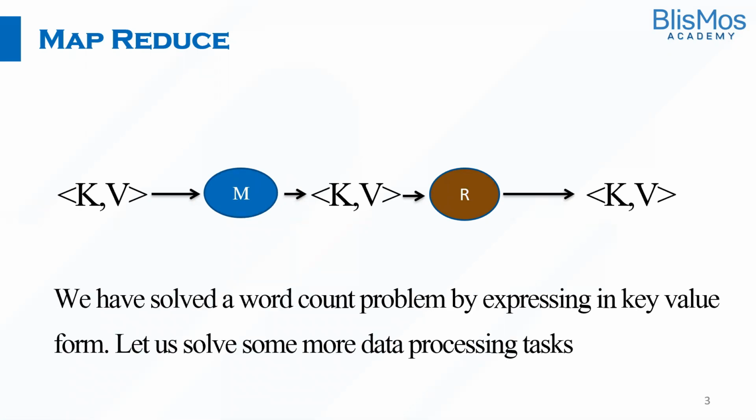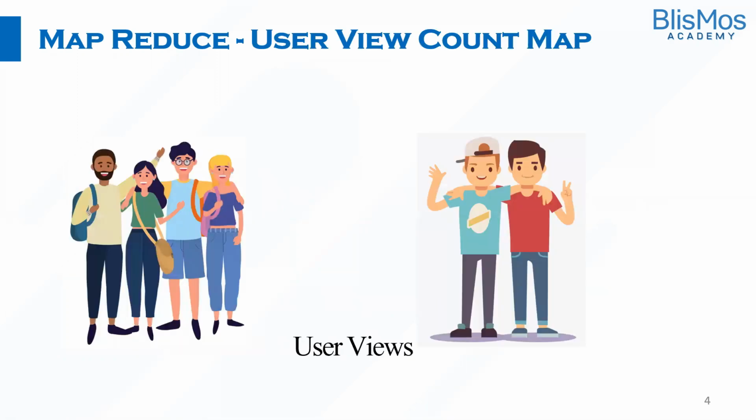As I already indicated, we have solved a word count problem by expressing it in a key value form. So let us try to solve one more data processing task as a part of this lecture. Assuming that you have friends on Facebook or any social media networking site, you tend to go ahead and visit the friends' profiles, right?